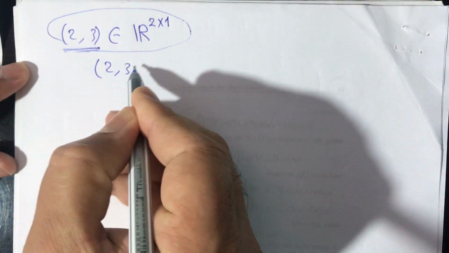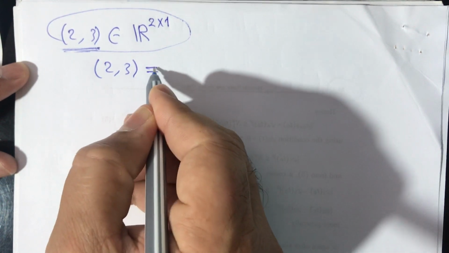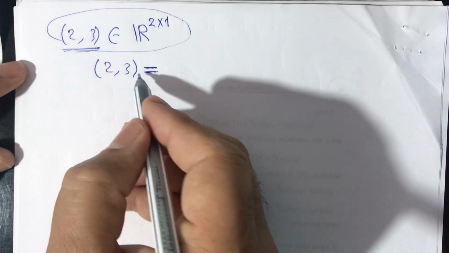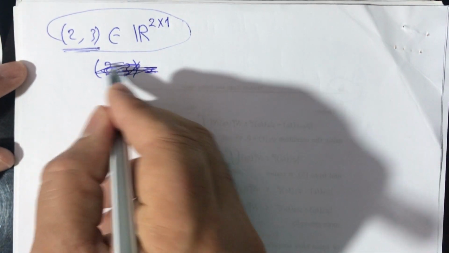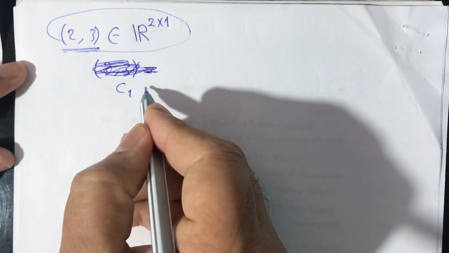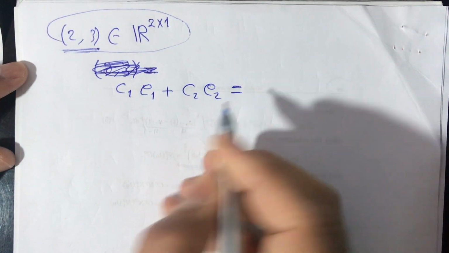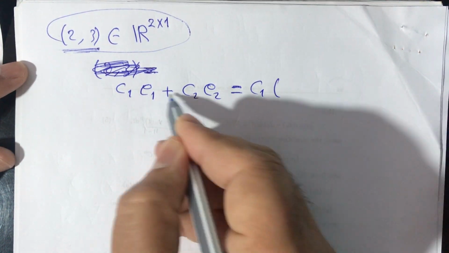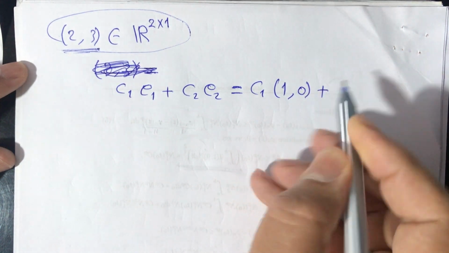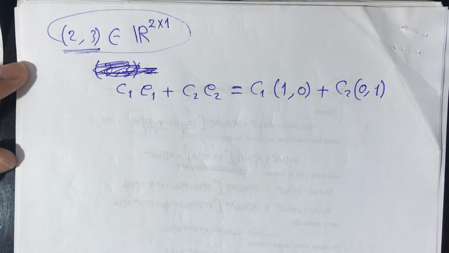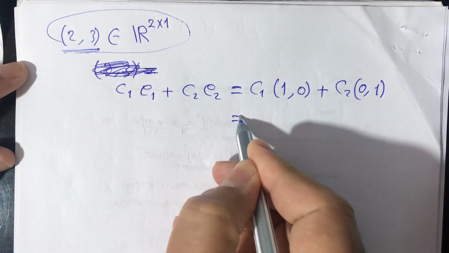How? Look, this (2, 3) is equal to, let's start from C1 E1 plus C2 E2. This is equal to C1 times (1, 0) plus C2 times (0, 1), and this is equal to (x, y).